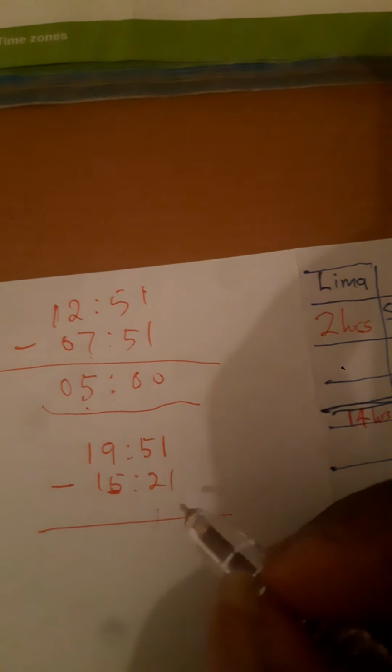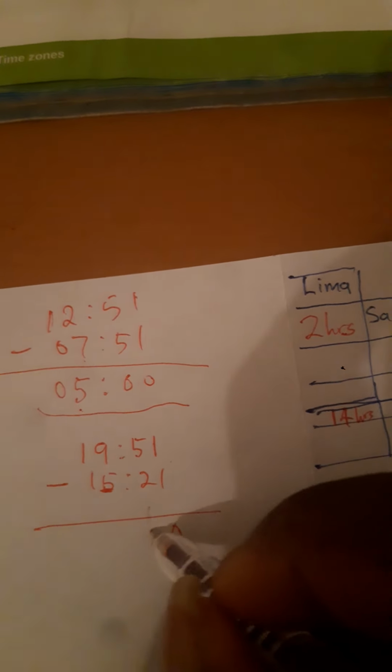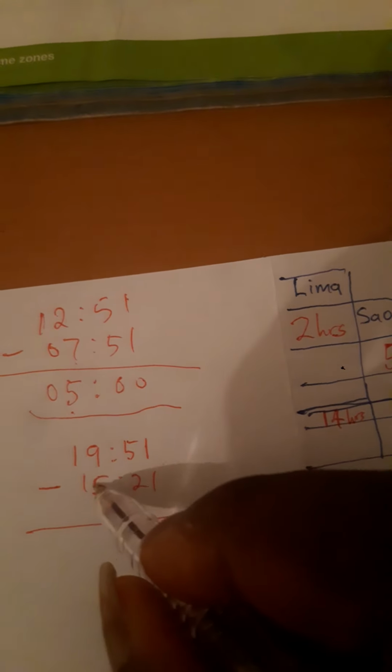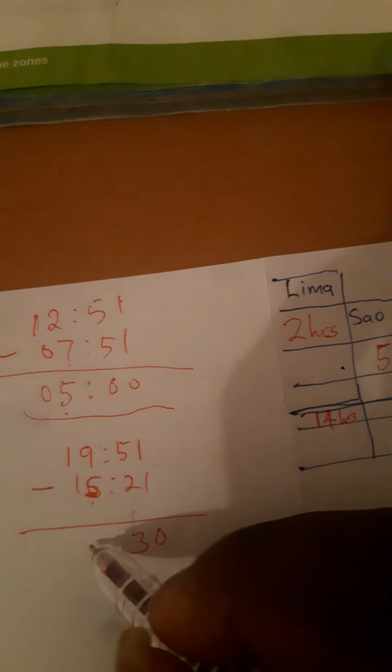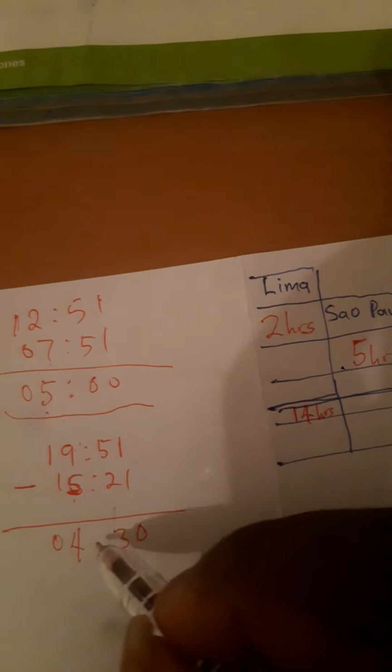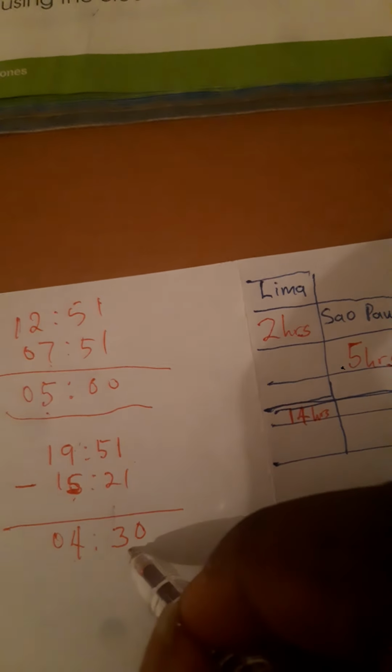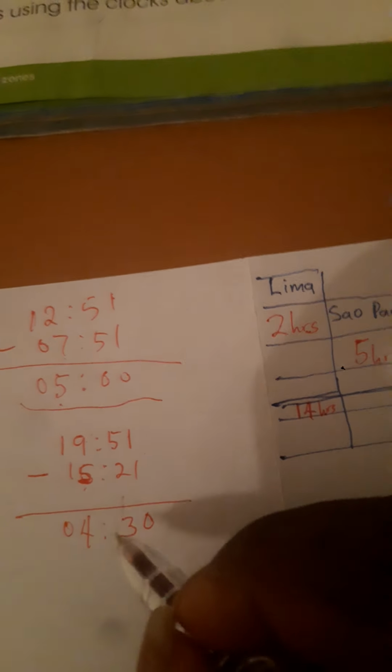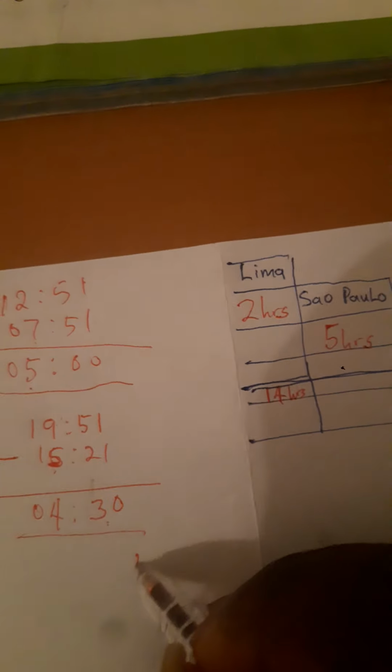I can minus 1 minus 1 is 0, 5 minus 2 is 3, and 15. Okay, 19 minus 15, 9 minus this, you have 4. So you have 4 hours 30 minutes. It's the same as 4.5 hours. So from Karachi to Tokyo, the time difference is 4.5 hours.